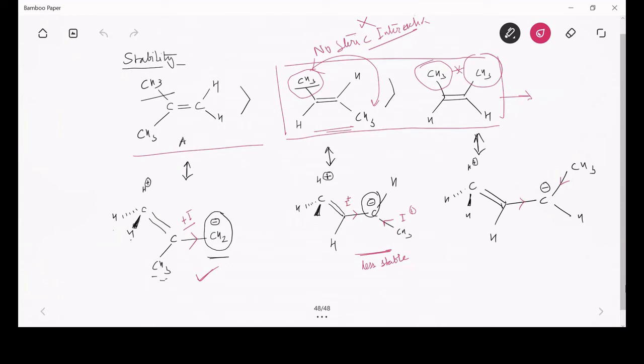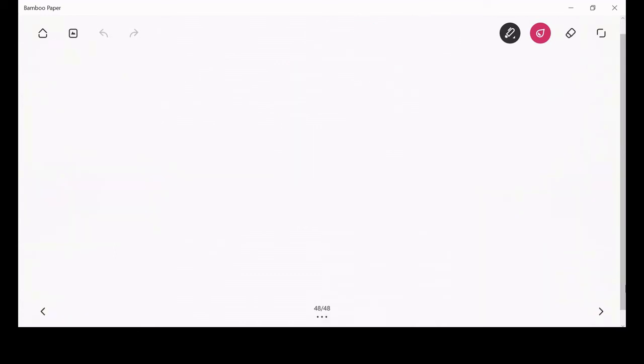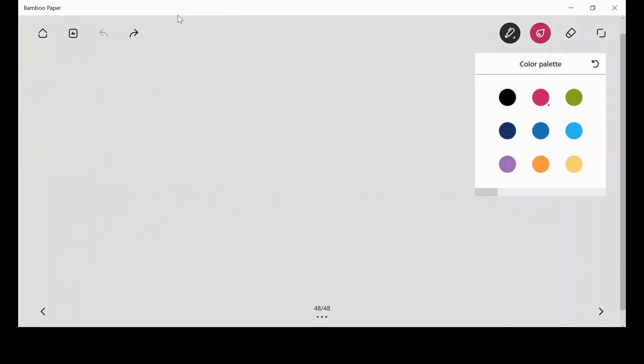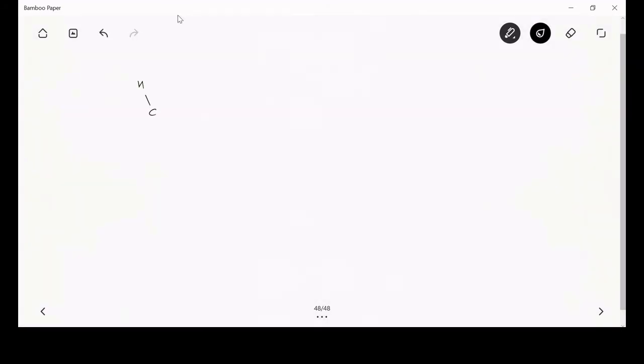A very simple example I'm giving: C, H, R can be any alkyl group, and here again R1, R2 and the leaving group.